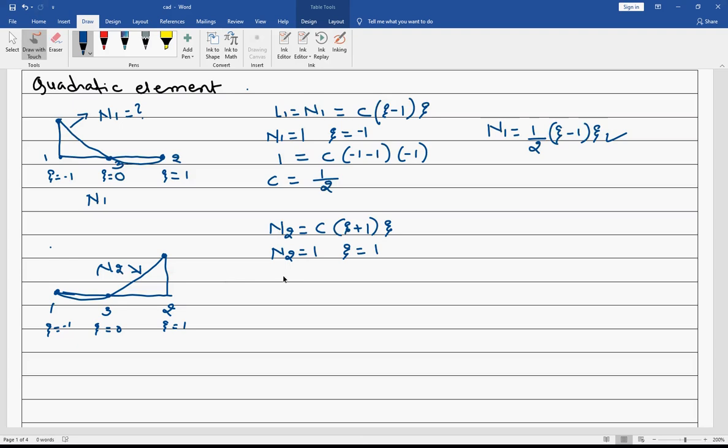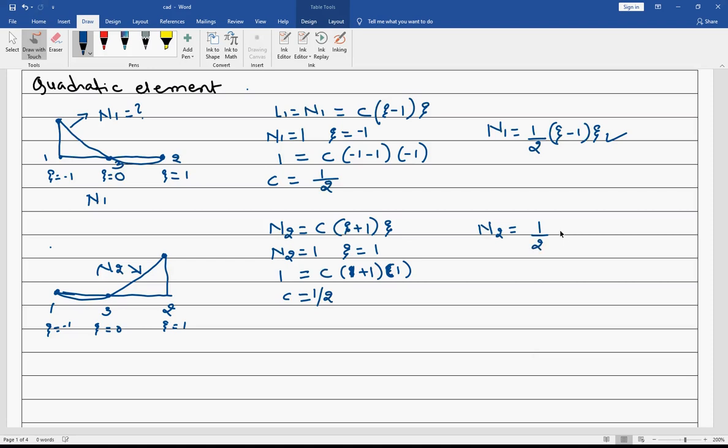This is one of the boundary conditions. Therefore I put N2 equal to 1, c into xi plus 1 into xi, so xi is 1, so I put 1 plus 1, and this is also 1. So from this I get c equal to 1 by 2.